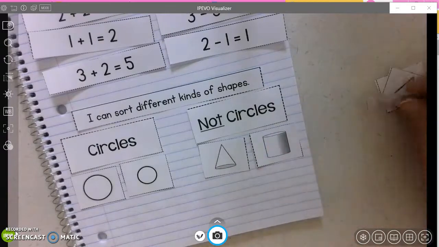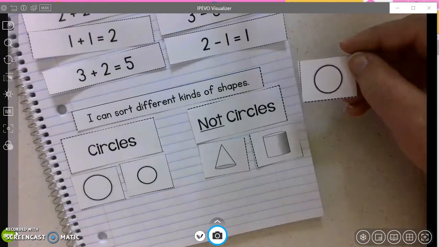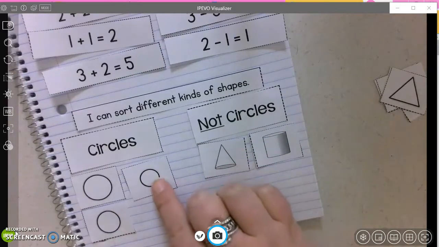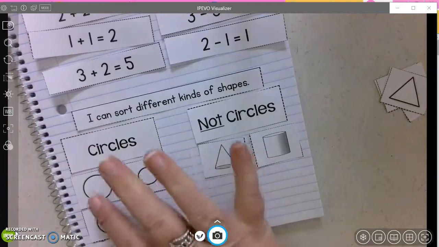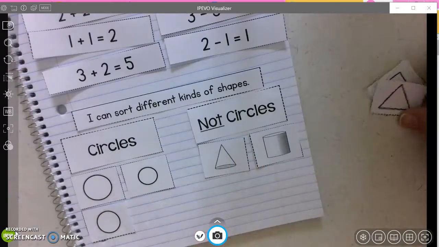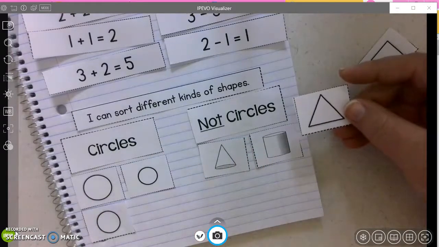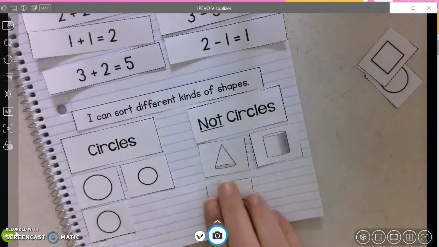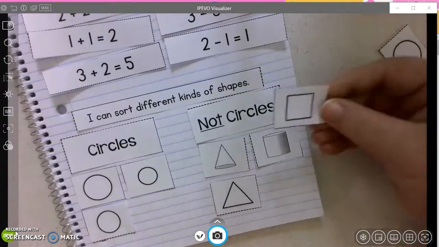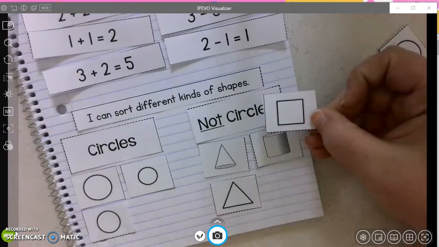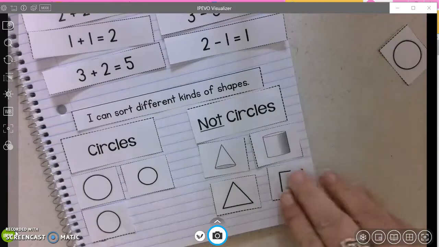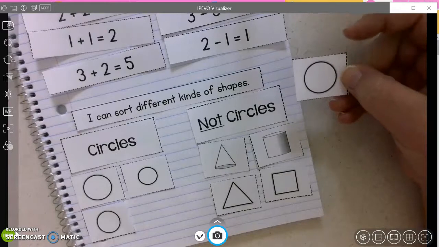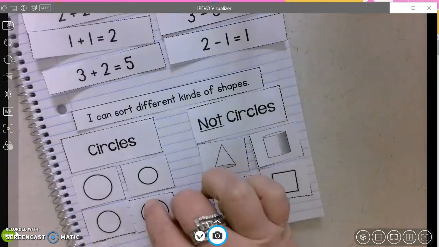I'm going to put it right there. Is this one a circle? It sure is. Maybe it's a medium circle. It might look a little smaller than that one. Is this a circle? No, that's a triangle. Is this a circle? No, that's a square. Is this a circle? It sure is.